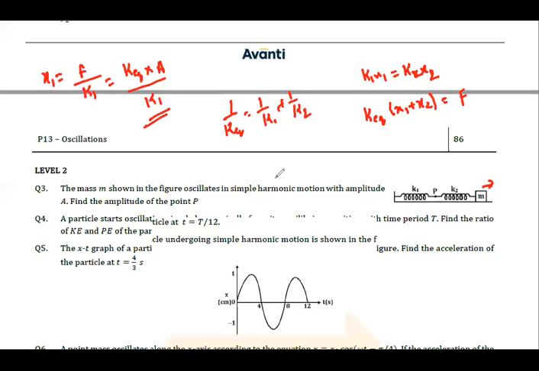Easy? And K equivalent you can find from here: K equivalent is equal to K1 into K2 by K1 plus K2. Clear, everyone? Raise your hand.